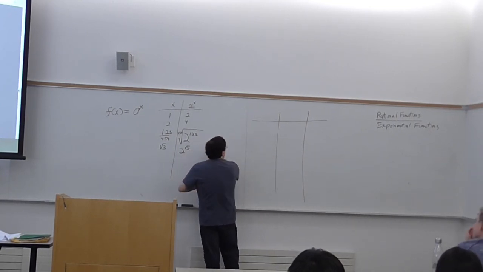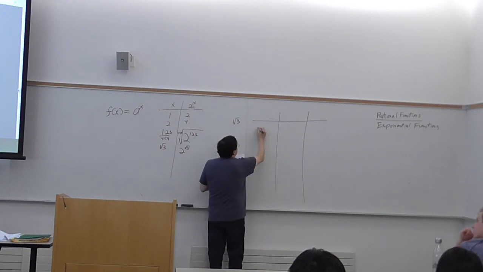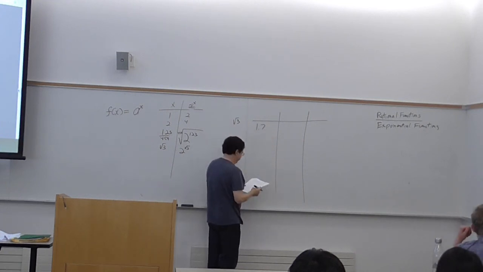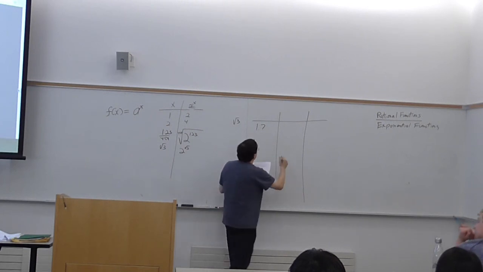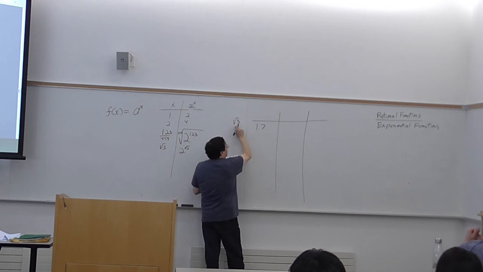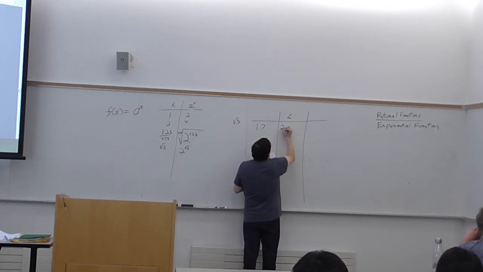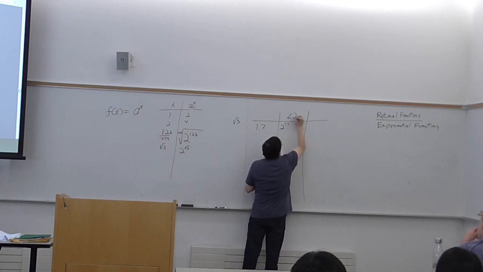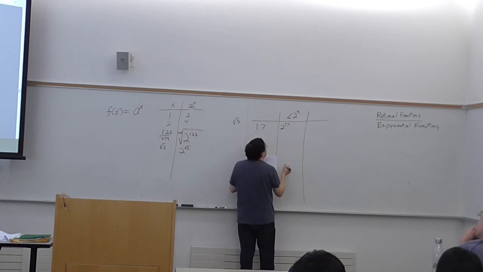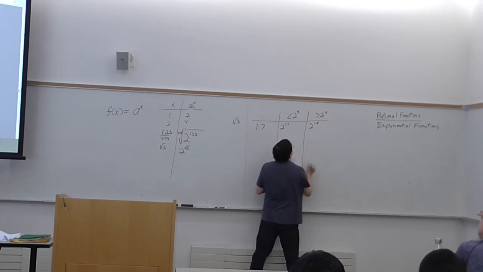Well, let's take the square root of 3 and approximate it to 1 decimal. This is less than the square root of 3. So let's look at 2 to the 1.7, which is less than 2 to the x. And then we're going to look at 2 to the 1.8, which will be greater than 2 to the x.